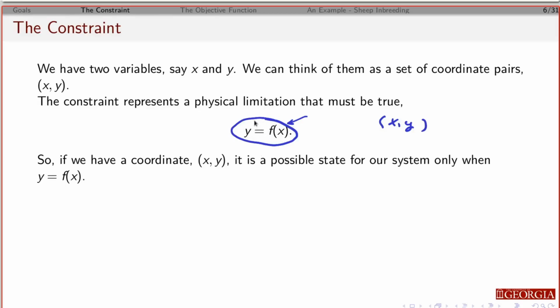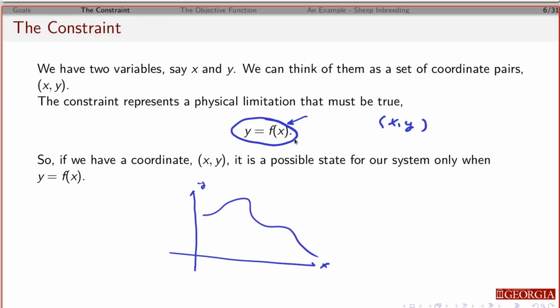So this limitation generally comes from the physics or the basic economic principles or whatever context you've got here. For example, you may want to conserve mass. You may want to conserve momentum or energy. That physical principle that you're trying to conserve tells you which values of x and y you can examine.